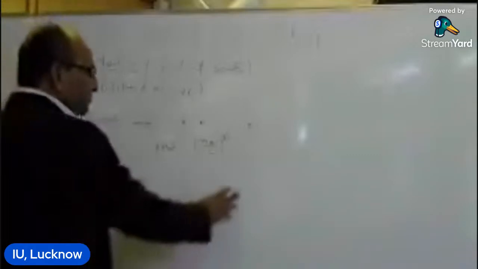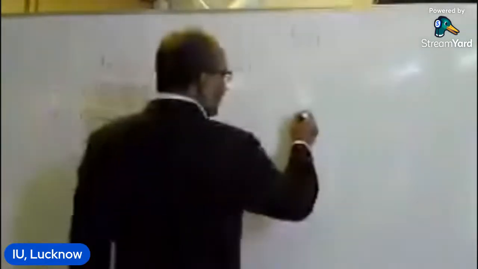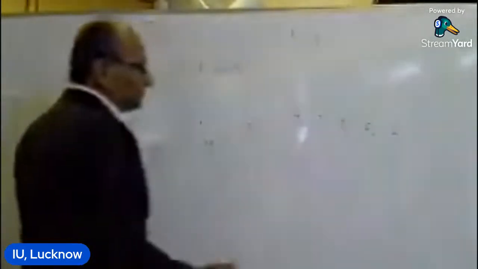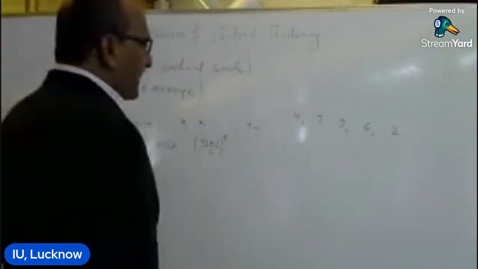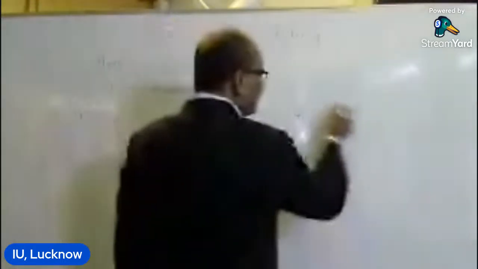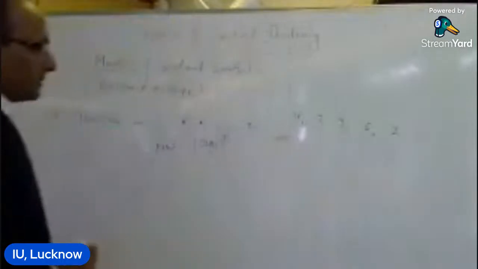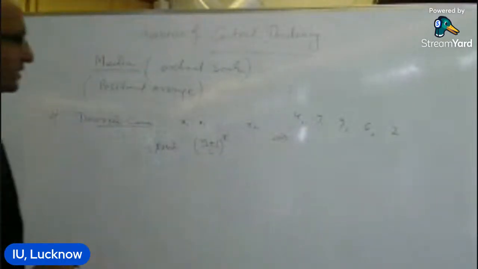Suppose we have data like this: 4, 7, 9, 6, 2. So what is the median of this data? First we have to arrange this observation. Remember this first thing, to arrange the observation either in increasing order or decreasing order.